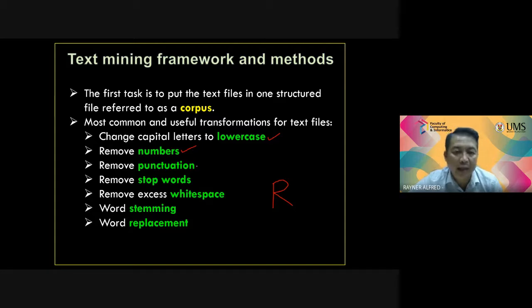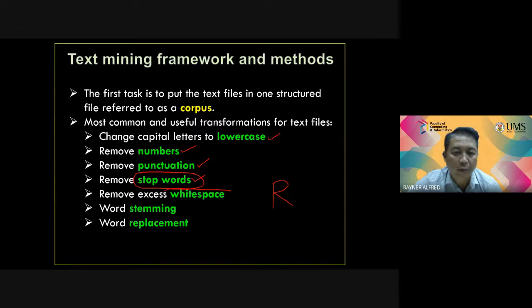We remove any punctuation, like all the funny symbols, and then we remove all the stop words. All these stop words are terms that carry no meaning. Normally there are standard libraries that contain a list of stop words to be removed.